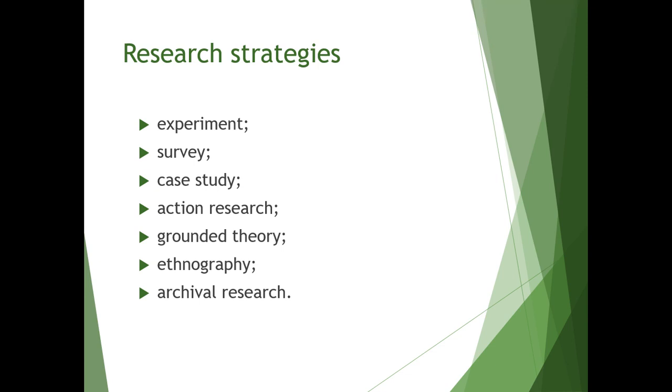Now the question is, in what manner can you do research? What are the ways in which we do research? To summarize, there are some common methods of doing research, like experiment. What is experiment? Experiment has come mainly from science.